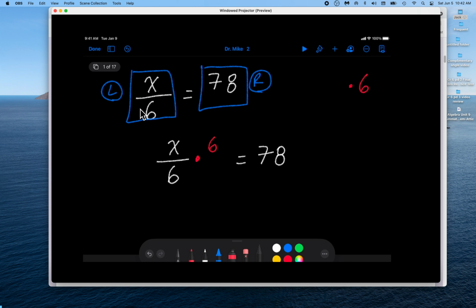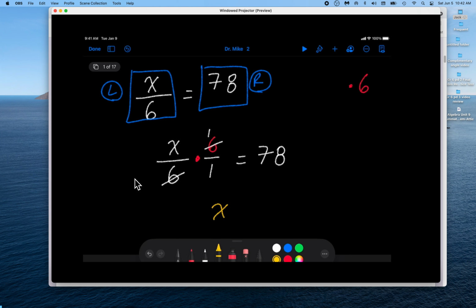So we come along here on the left side, and in our pursuit of getting x by itself, we multiply by 6. To make it a little bit more clear, let's say 6 over 1. When we do that, these 6's neutralize. 6 over 6 is 1. However, and that's our goal, we did that on purpose.